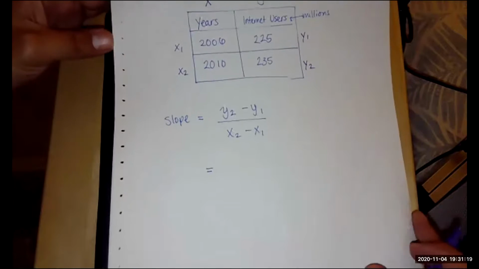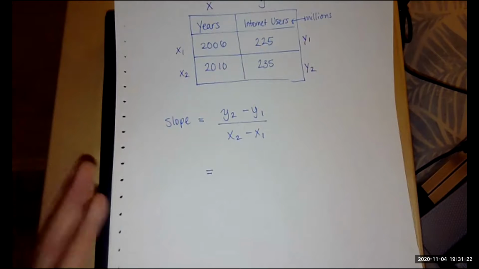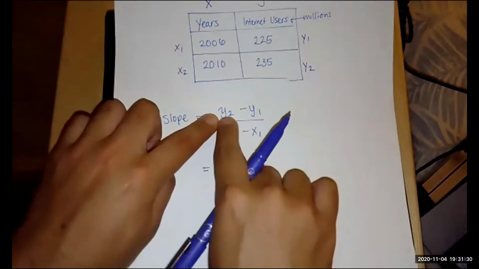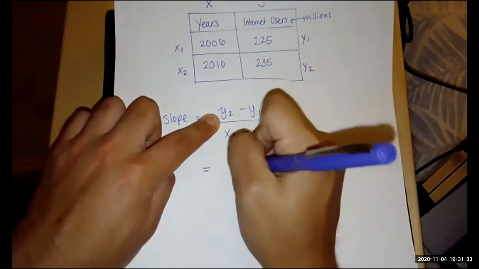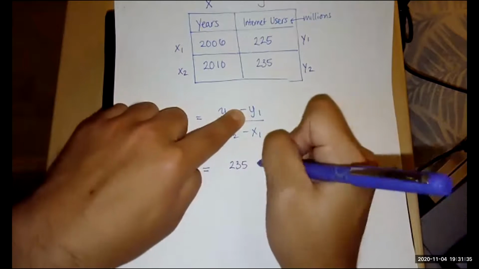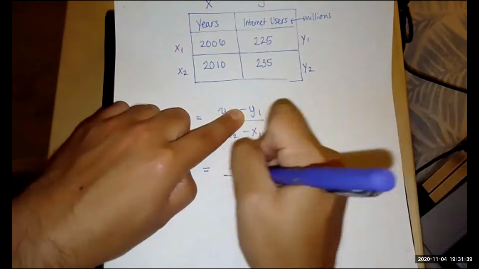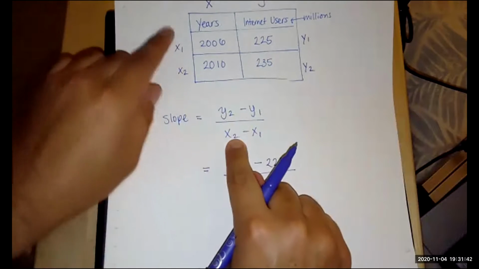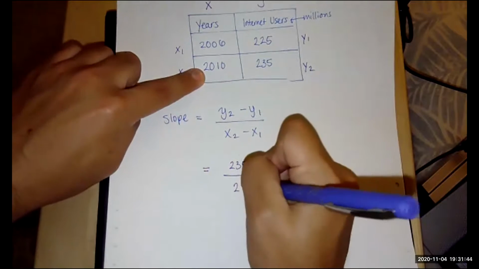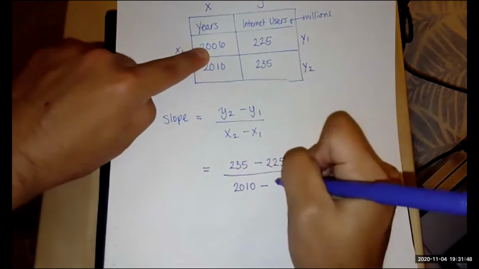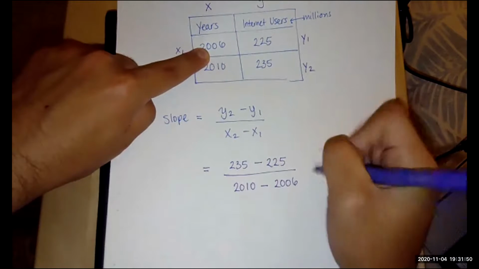And this is a problem that mathematicians or math educators will say is just a plug and chug, because you're just going to plug those numbers in and then you're going to chug along and just solve the problem. So y2 is 235 minus y1, which is 225, over x2, which is 2010, minus x1, which is 2006.